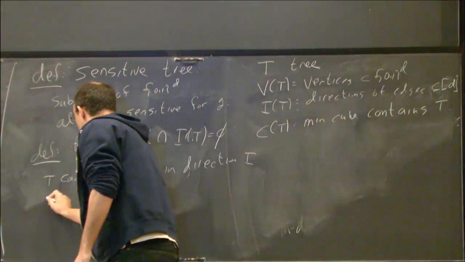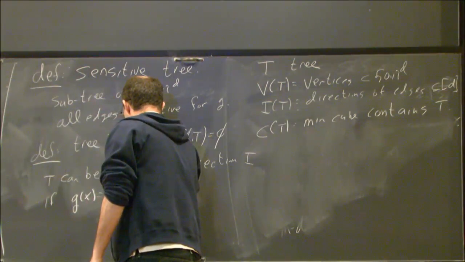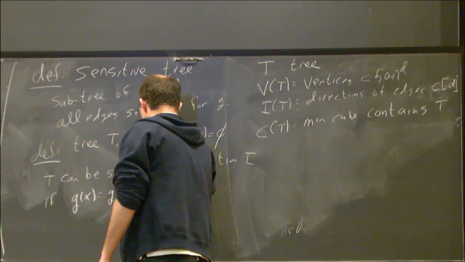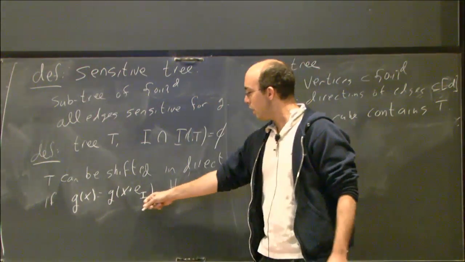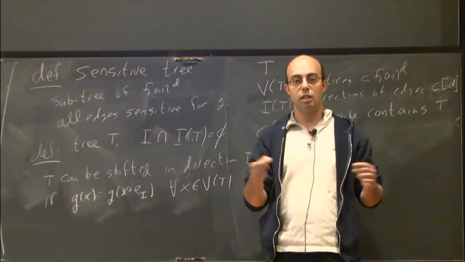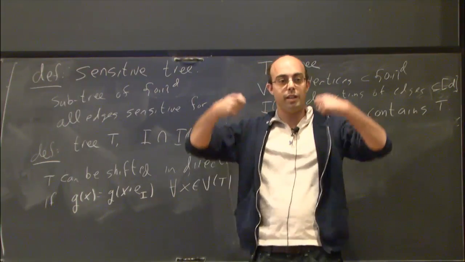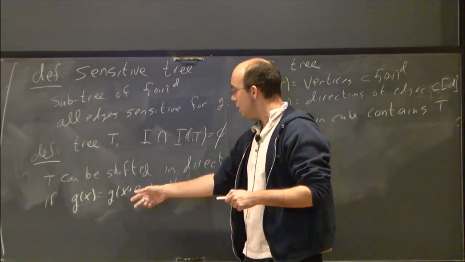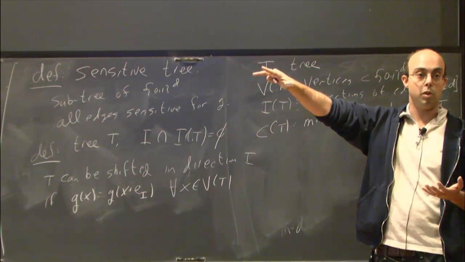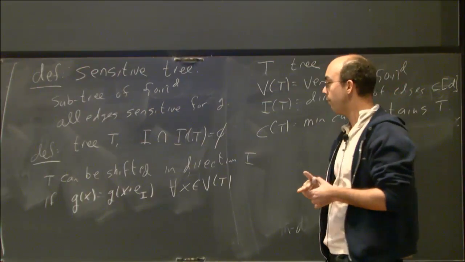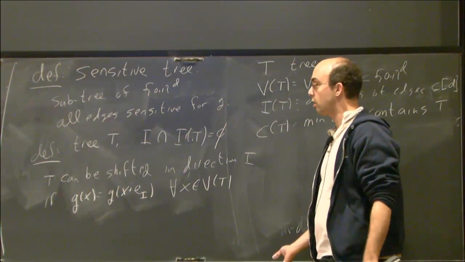So if g(x) equals g(x + e_I) for all x in the vertices of the tree. Some notation: e_I, with capital I, is the 0,1 vector indicator for the set I. This means flipping all the bits simultaneously in the set I. And when this happens, you can take this tree and shift it, and it's still going to be a sensitive tree, right? Because all the nodes have exactly the same value. So it's an isomorphic copy.